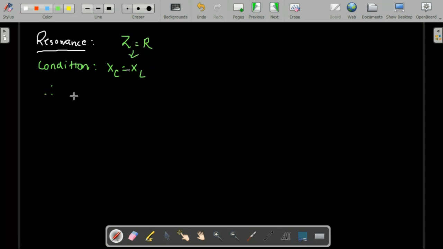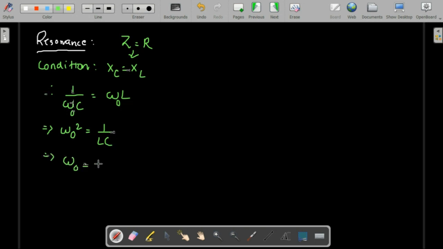Because of this condition. So now if I write down XC is equal to XL, I know XC is 1 divided by omega C and XL is omega L. Okay, so let's say the frequency at which both of them are equal is omega naught. So I'll consider this to be resonant frequency. So this is omega naught, this is also omega naught, and we can cross multiply. So I can simply write it down as omega naught square is 1 divided by LC, or I can write down this as omega naught is 1 divided by root over of LC.